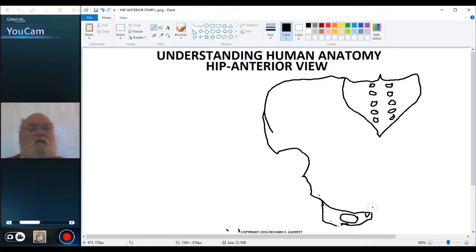And then I want you to realize that we're really looking at the superior surface of the pelvis, like so.